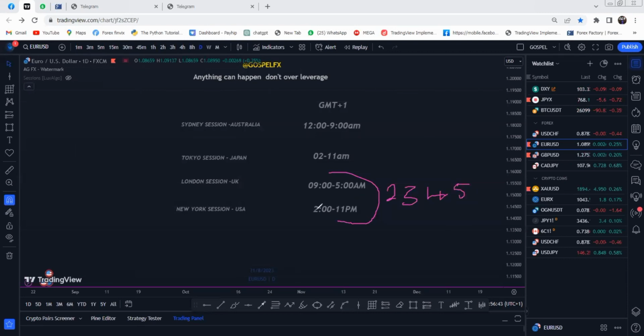So London opens at 9 to 5, which means we have 10, 11, 12, 1, then 2, 3, 4, and then 5. If that is the case for the London session, then the New York session opens at 2, which means that at this point New York opens and it goes right up to 11 p.m.